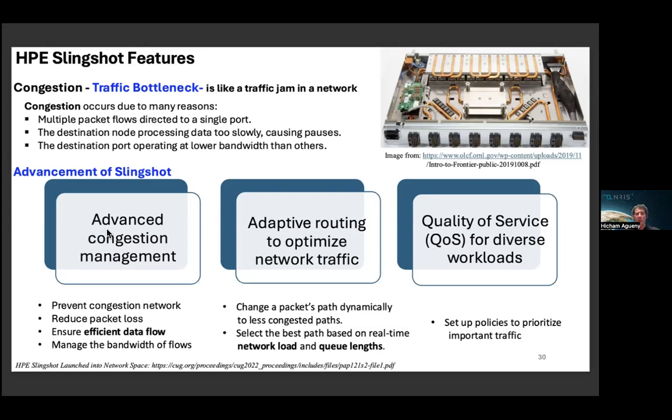In addition, another interesting feature of HPE Slingshot is adaptive routing to optimize the network traffic.